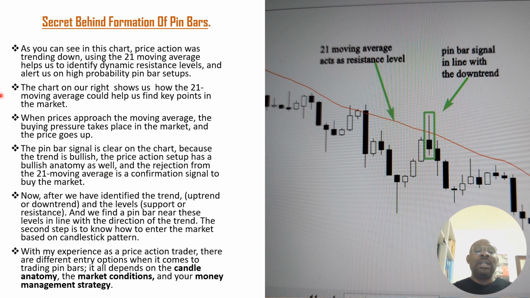It's very simple. The chart on my right shows us how the 21 moving average could help us find key points in the market, just like I've just shown. You see, the 21 moving average is acting as a resistance. The one that I showed before was an uptrend, where the 21 moving average was acting as a dynamic support with the trend.